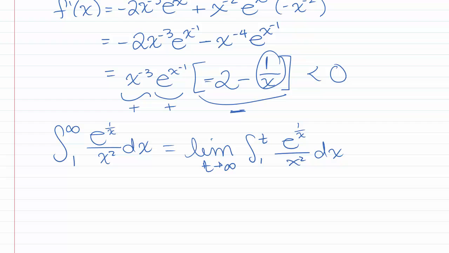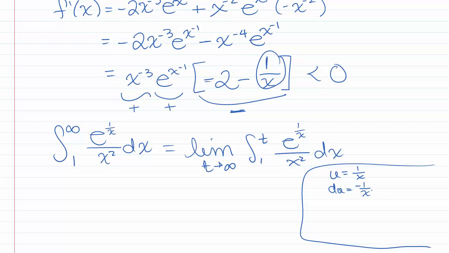And we're going to do a u sub over here to the side, so let's do some scratch work. U equals 1 over x, du equals negative 1 over x squared dx. So our integral becomes a negative sign out front, negative e to the u du. So we know we're going to get negative e to the u plus c is the antiderivative.